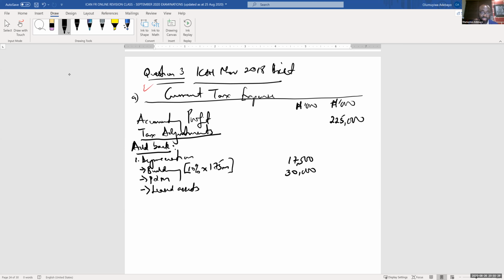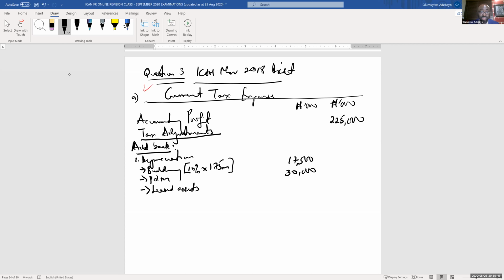That is 100% divided by 20% will give you 5 years. Which then means that if out of 5 years, 1 year has been depreciated and the balance remains at 20%, therefore, what is the depreciation for each year?